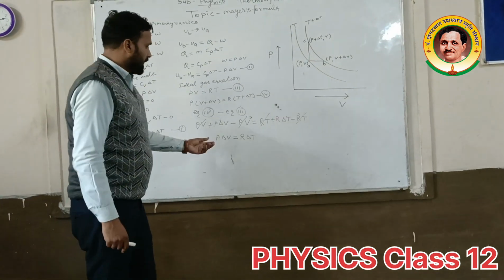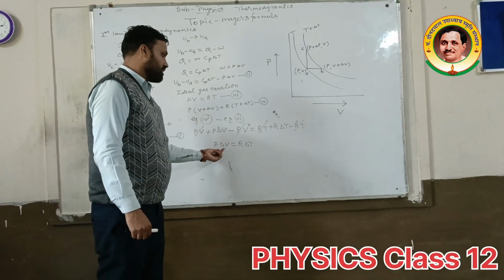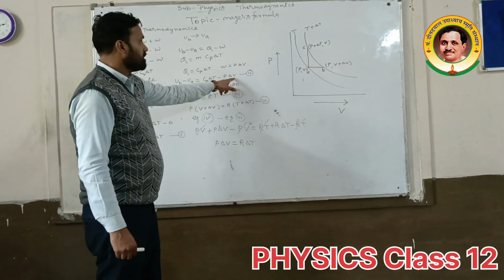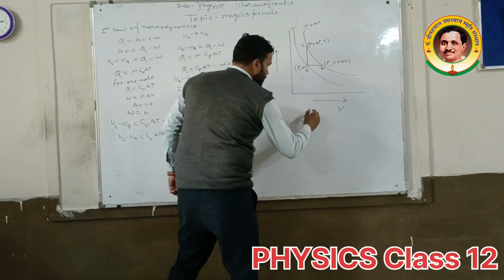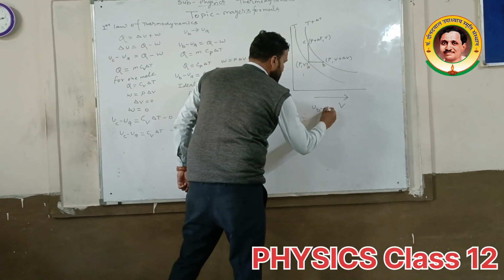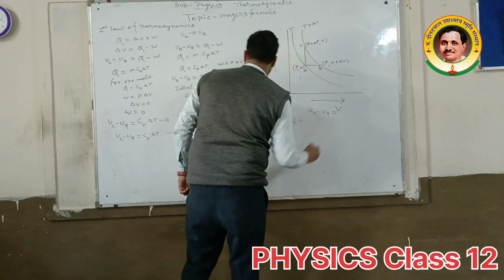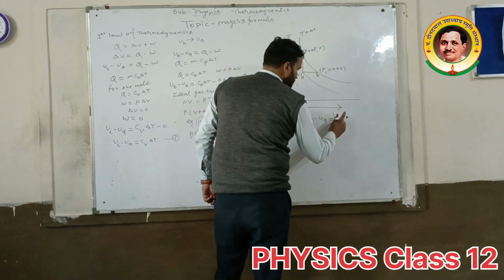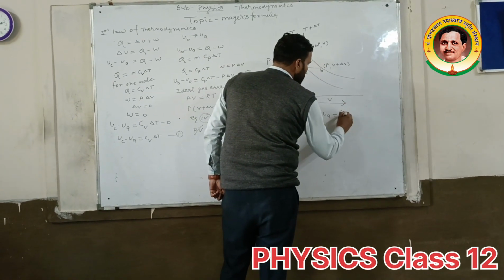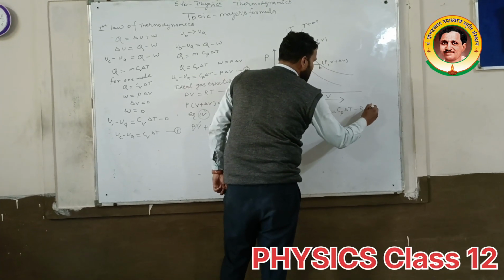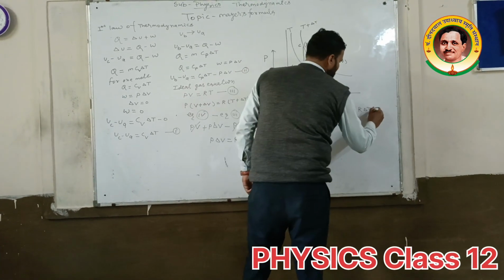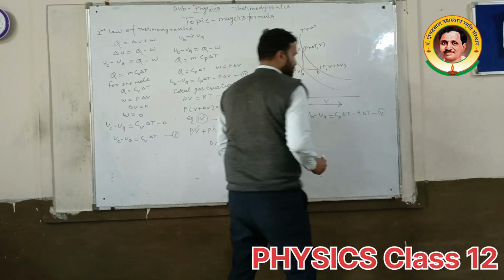Now we can put the value of P delta V, which is R delta T, in equation second. Then UB minus UA equals CP delta T minus R delta T. Let us suppose this is equation 5.